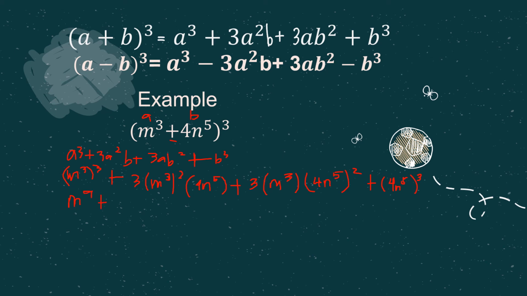plus, the exponents first so you won't be confused, 3 times m, 3 times 2 is 6, so to the 6th power, times 4n to the fifth power, plus 3 times m cube, times 4 squared is 16, since you also square the leading coefficient because you are squaring 4n to the fifth.